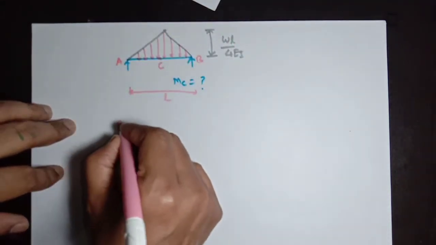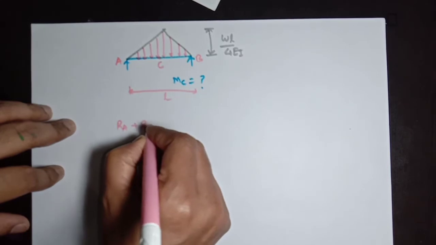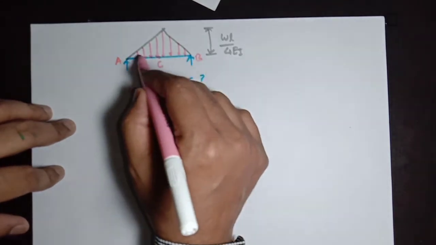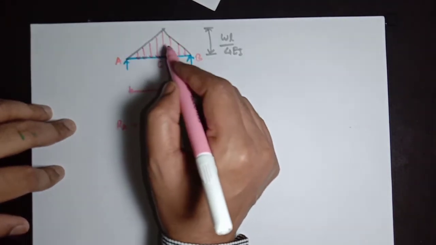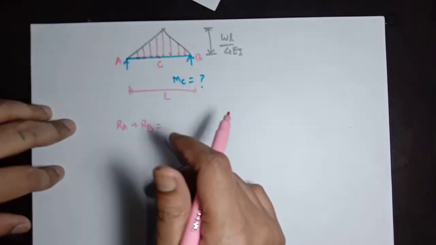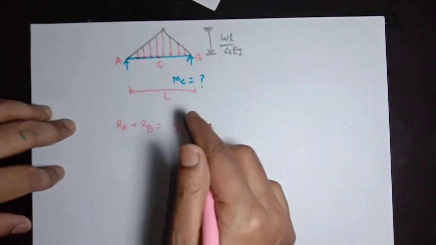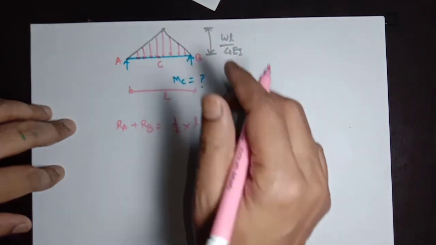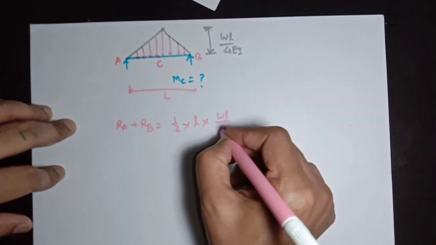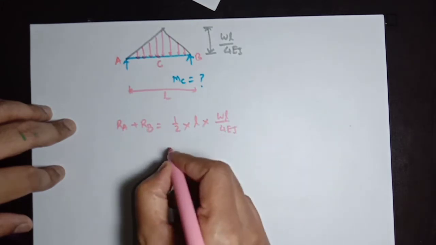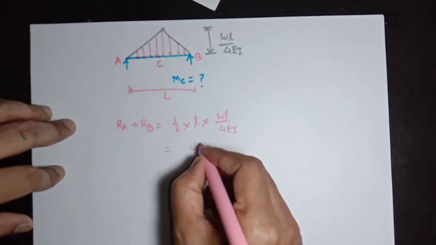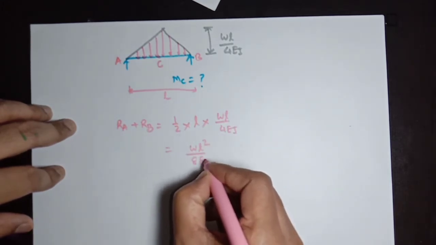So RA plus RB will be equal to the area of this loading diagram, which gives the total vertical force. So half into base length L into height WL by 4EI, you can say WL square divided by 8EI.